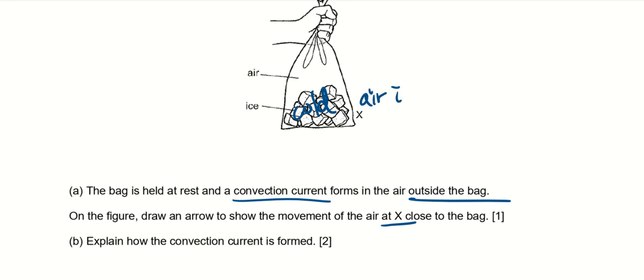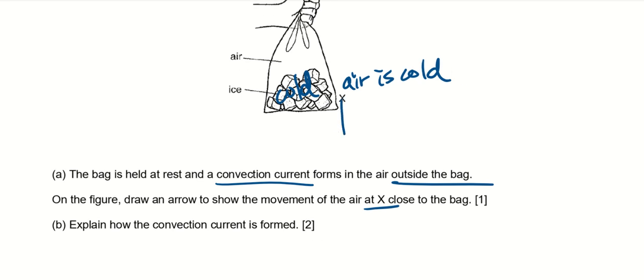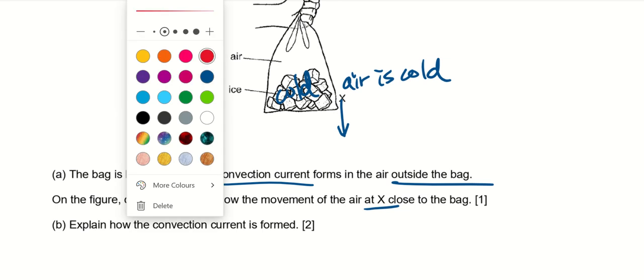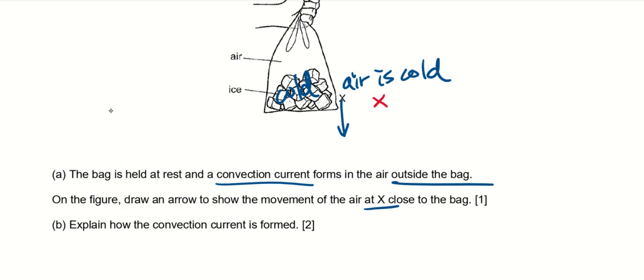When air is cold, the volume will decrease, it will contract, density will increase, so the action will be sink. So just draw a vertical arrow down. If you draw things like that, it is wrong, because they just want the movement of air at X.